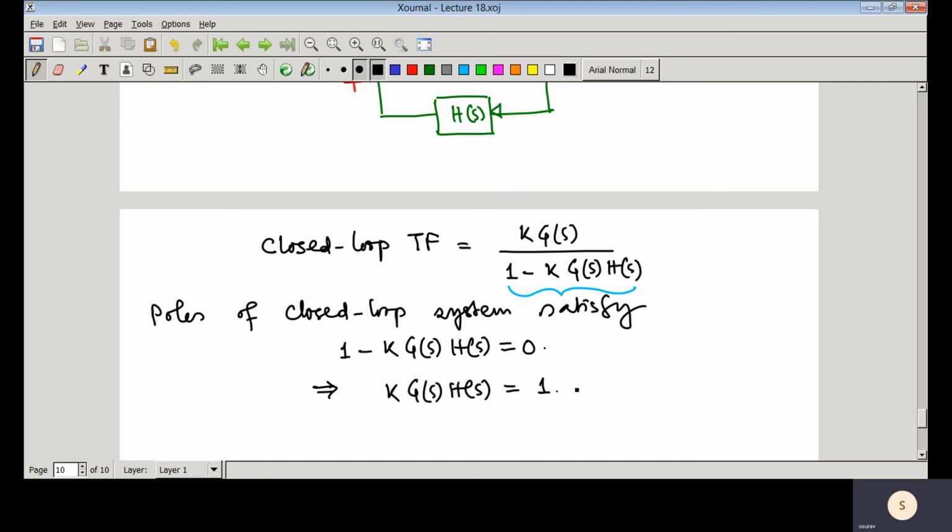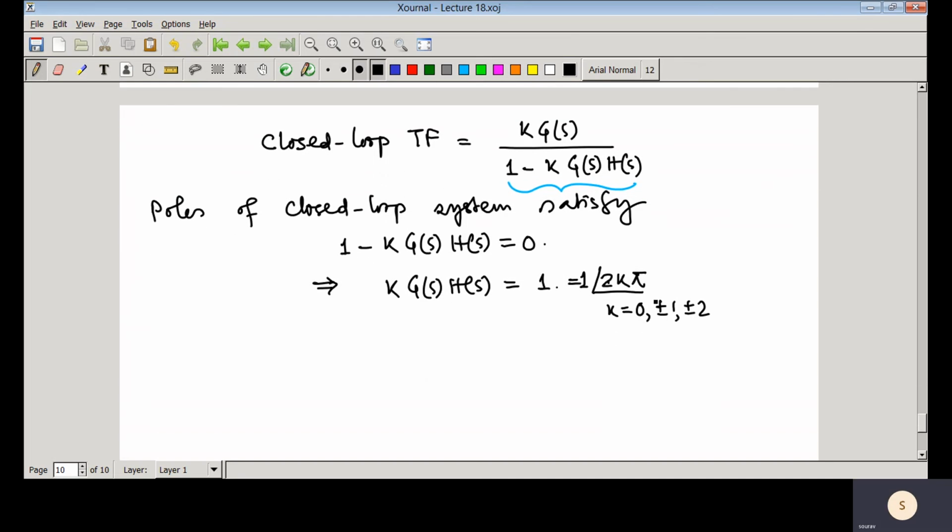Now this 1 is nothing but the angle 2K pi, where K equals 0, plus minus 1, plus minus 2, so that means the angle would be K times 360 degree.